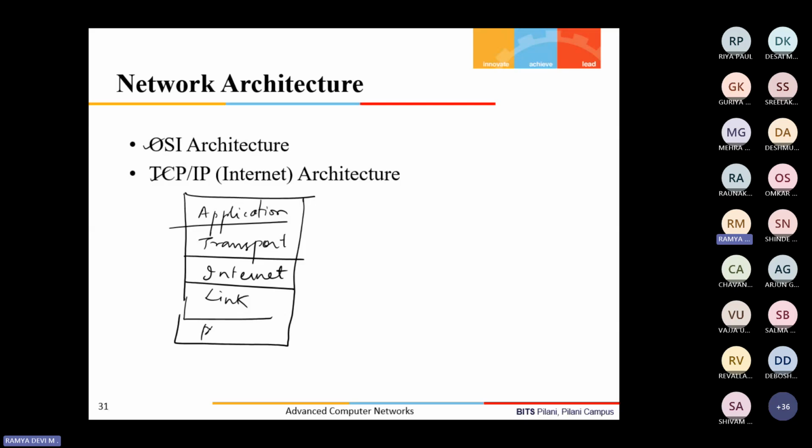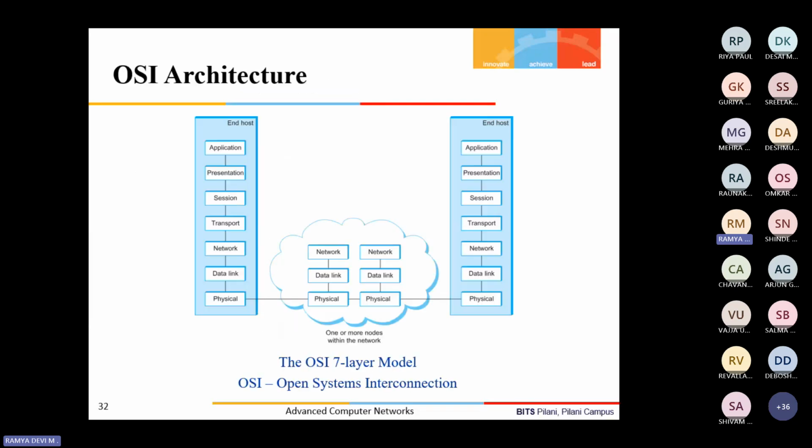The last layer is the physical layer. Sometimes the link layer represents both the data link layer and the physical layer, so four layers will be there.